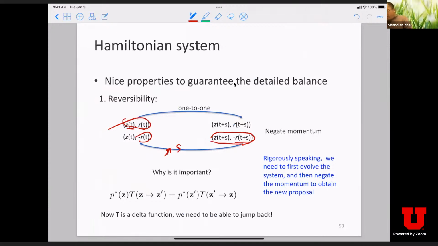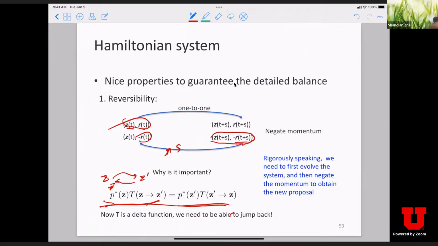If we use detailed balance, we need to show that the joint probability that you start from Z, suppose Z is sampled from your target posterior, and then you sample from Z to Z prime, is the same as, suppose you sample Z prime from your target posterior, and then from Z prime you sample back to Z. So the jumping probability is the same as the jumping back probability. This is the definition of detailed balance. So that's very important.